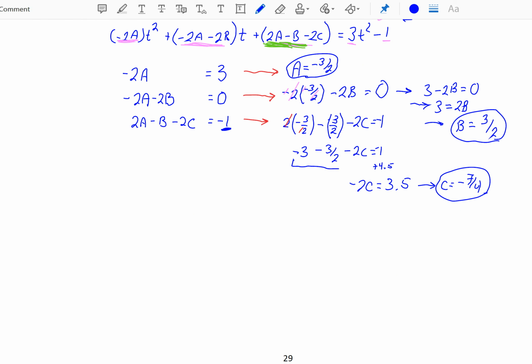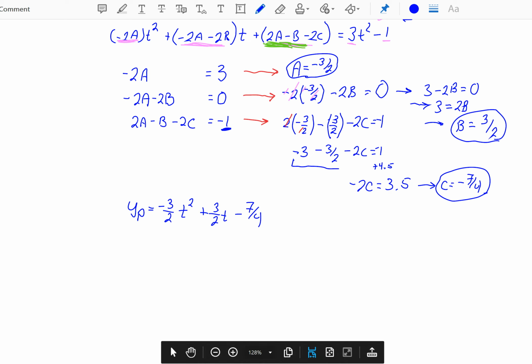Okay. With these as our constants, I think we should be able to now say that yp has to be negative 3 halves t squared plus 3 halves t minus 7/4. This is our non-homogeneous solution.